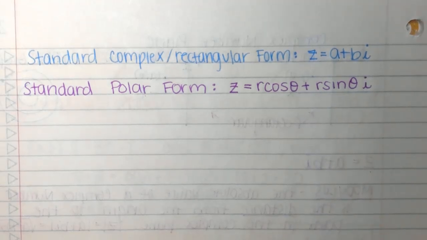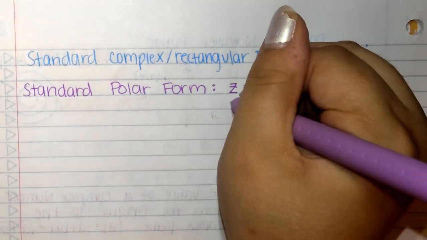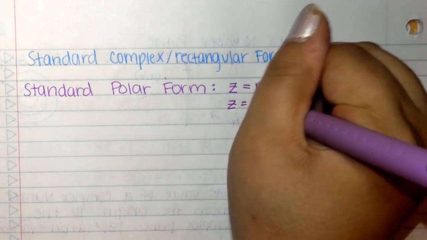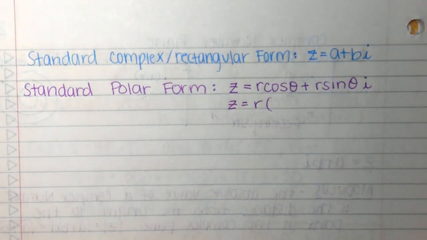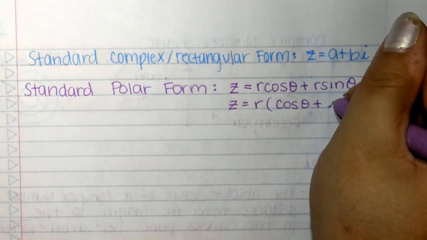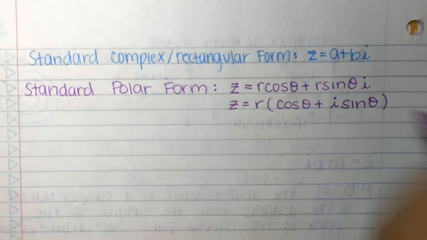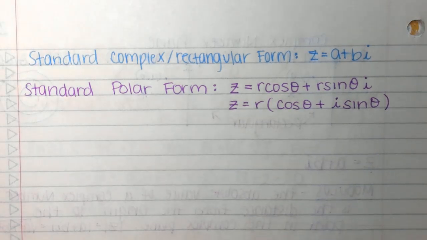If you were to leave it like this, that's fine. Do you see how they both have R? I'm not going to leave it like this. I'm going to factor out the R, and I'm going to move the I to the front. If you were to put it at the end, it would not be wrong.